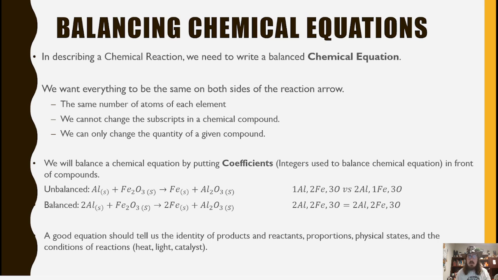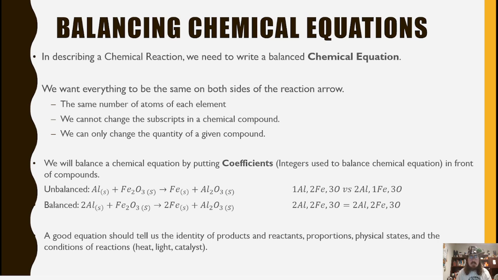It should be able to identify the products and reactants, their reaction proportions, so it's balanced, their physical states, so how do they look, and even the potential, while we will not always do these, the heat, the enthalpy, the energy produced or consumed, maybe whether light is produced or consumed, whether a catalyst is needed.